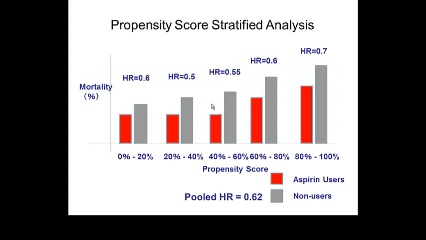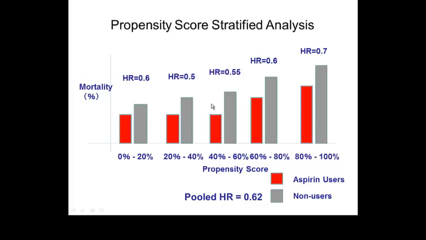Second, propensity score stratified analysis. Okay. So in propensity score stratified analysis, instead of matching one aspirin user to a non-aspirin user, what you do is classify patients into, in this example, 5 groups based on propensity score. So if the patient's probability of using aspirin, the propensity score, is less than 20%, you place them in group 1.